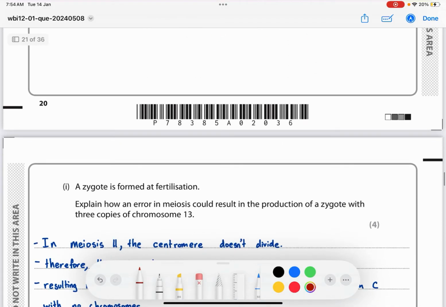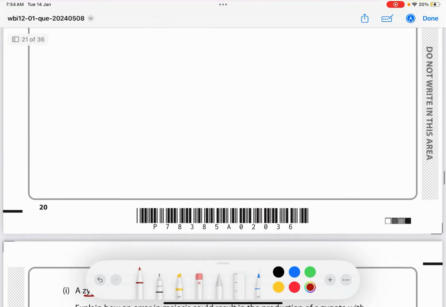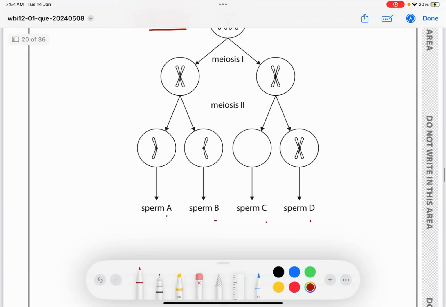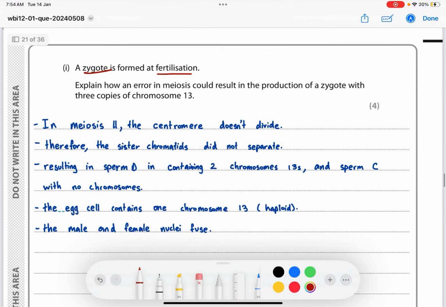So a zygote is formed at fertilization. We know that. Explain how an error in meiosis could result in the production of a zygote with 3 copies of chromosome 13. In meiosis 2, the centromere does not divide.